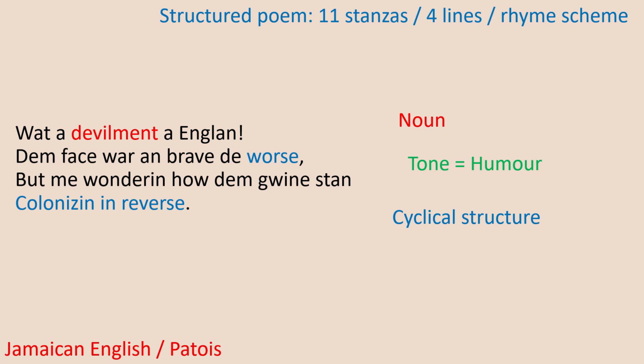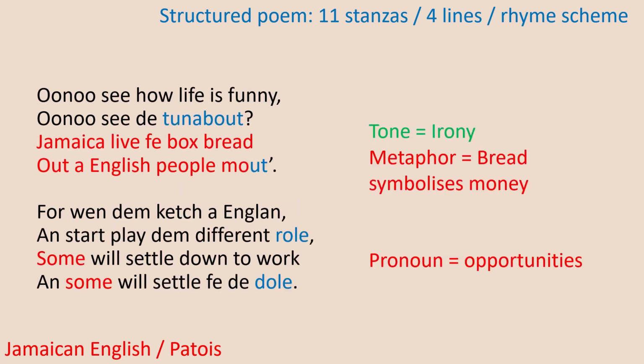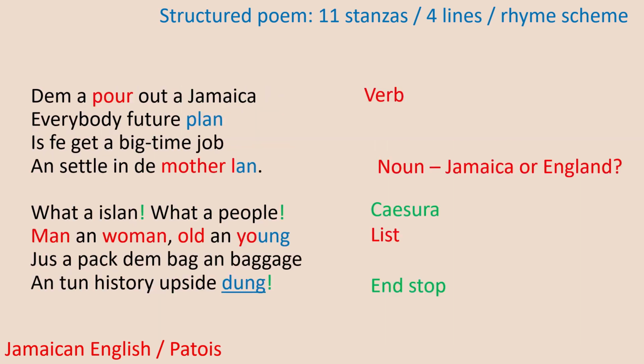If you are stretching the meaning of words, let me go back a few slides to where it says, and turn history upside down. Down is phonetically in the Jamaican English spelt like dung. Dung is another name for poo or feces.